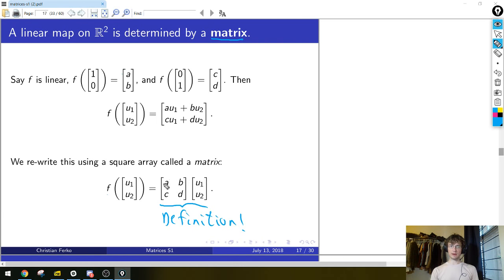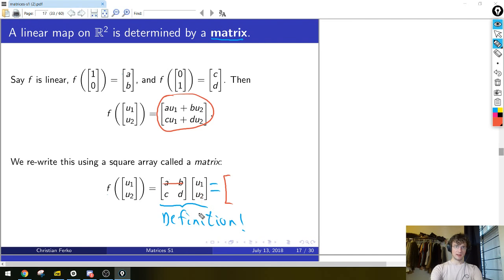Right now this is kind of a definition of this collection of symbols, but it's already useful to think of a particular way of remembering this expression up here. a u1 plus b u2 on the top, and c u1 plus d u2 on the bottom. So to remember that, it's helpful to think of a procedure where you match up a horizontal line of elements on the matrix with a vertical line of elements in the vector.